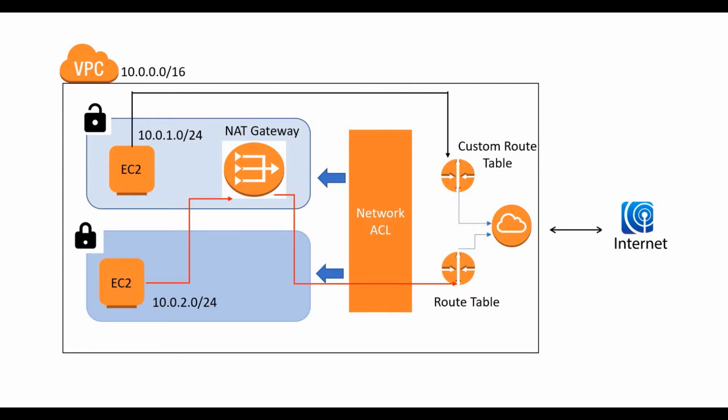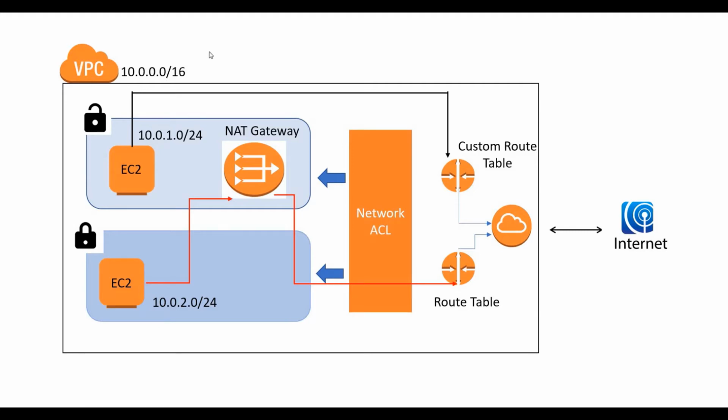Later on we have to configure a custom route table for connecting to the internet. One more thing we'll be talking about is the NAT gateway, where using the NAT gateway, the private subnet is able to talk to the internet.